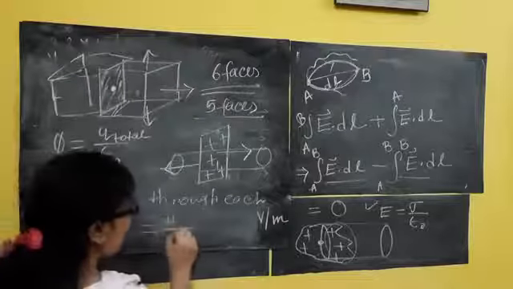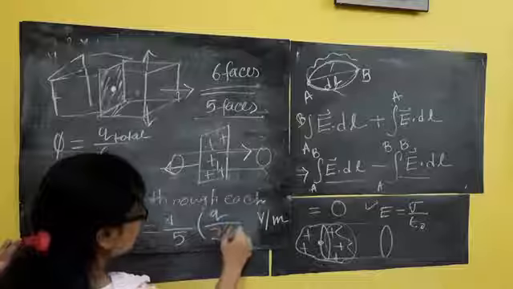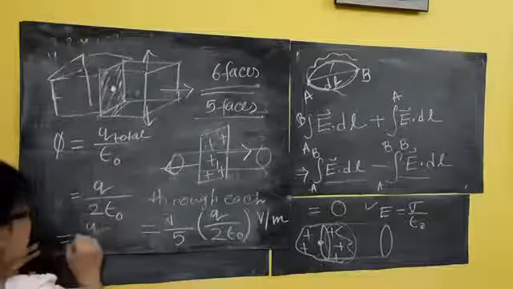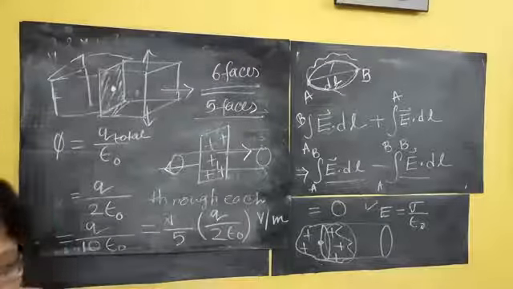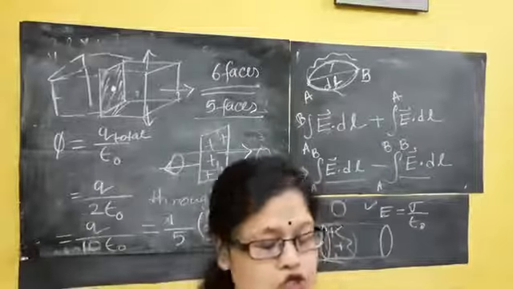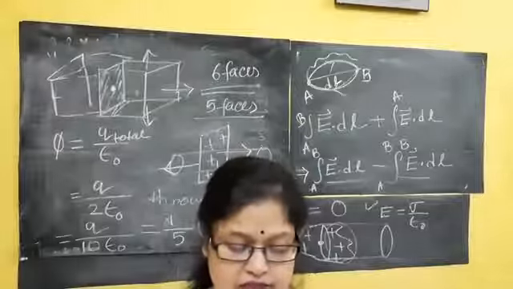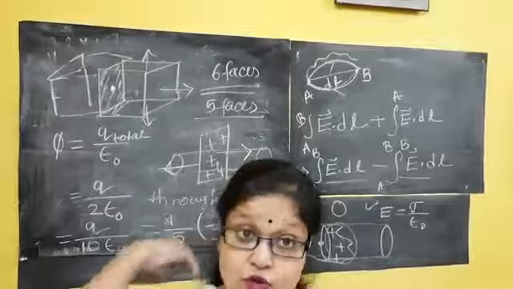So right now 1 by 5 of Q by 2 epsilon 0 is my flux. So Q by 10 epsilon 0 is my answer. Done. So that is if you are keeping your charge at one face. Clear?